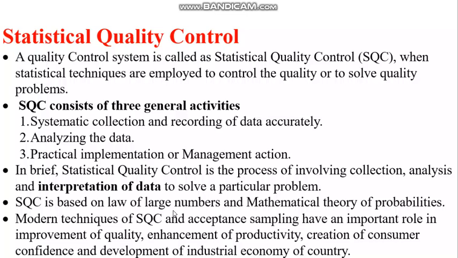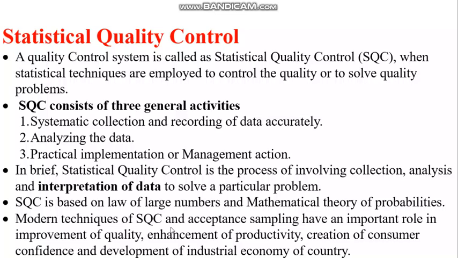That means we will not be applying statistical data for 5 items, 10 items, 15 items, like that. Large numbers, like 50, 100, 200, 1000, 10,000. If they are there, in such a case, we'll be using statistical quality control.